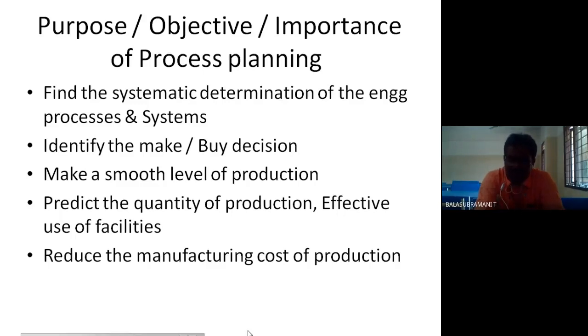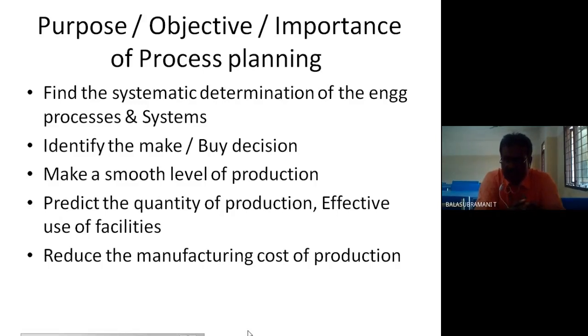Reducing the manufacturing cost of production means the ultimate gain is to reduce the material movement cost. Generally, you have to reduce the manufacturing cost. Sixty to seventy percent of manufacturing cost is contained in the material movement cost. So these are the purpose, objective or importance.